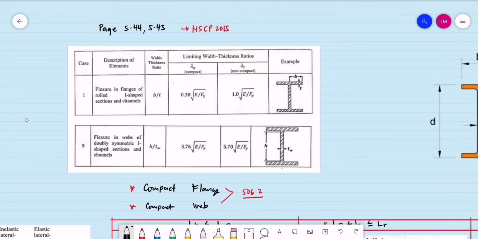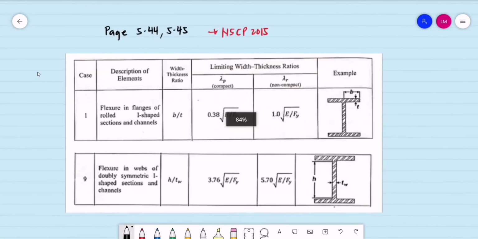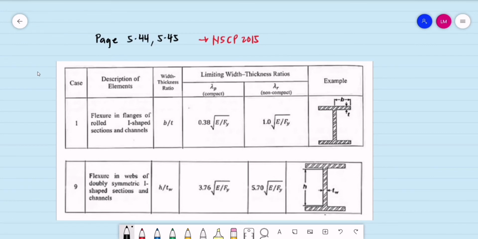For us to determine if the section is compact, we may proceed to our reference, still NSCP 2015, page 5-44 and 5-45. If we are to use I-shaped sections, that includes the rolled W sections, or the wide flange sections, that will be case 1, flexure in flanges, and case 9, flexure in webs.